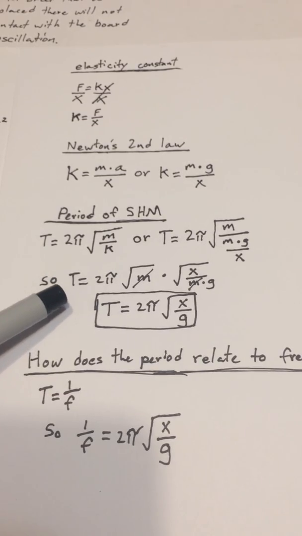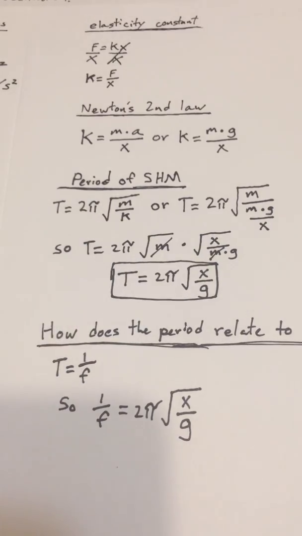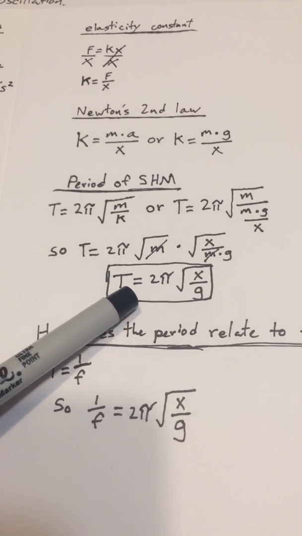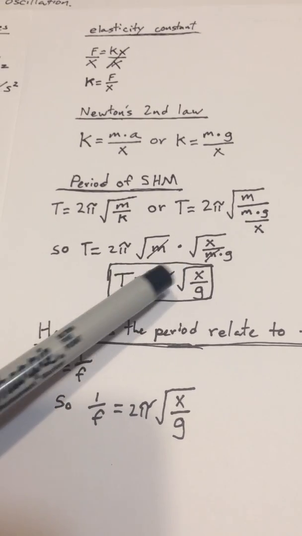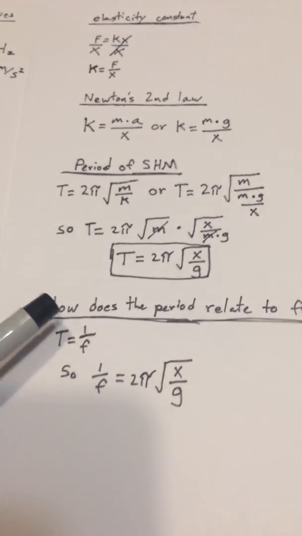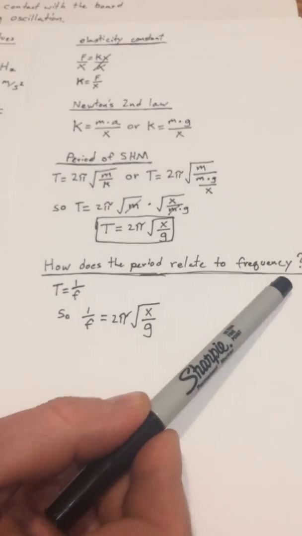We can then use some simple algebra to eliminate the mass of the pebble and come up with this expression, which is the period is equivalent to 2 pi times the square root of amplitude, or displacement, divided by acceleration due to gravity.